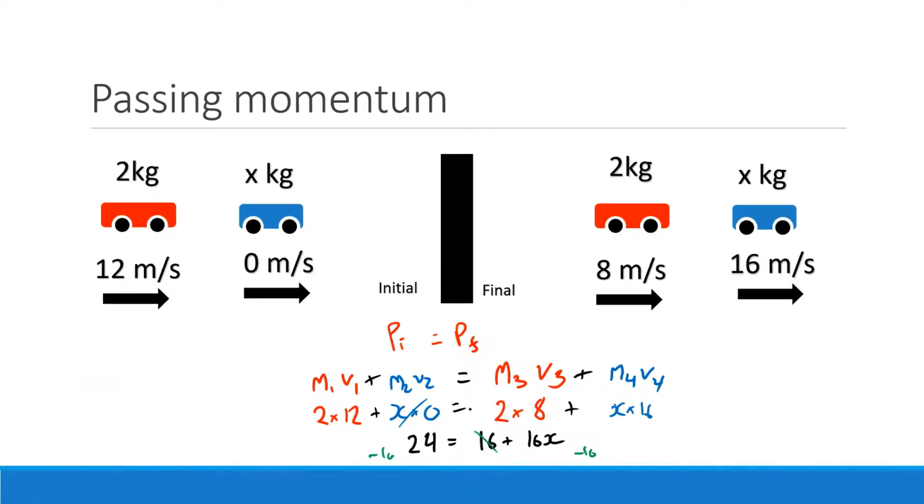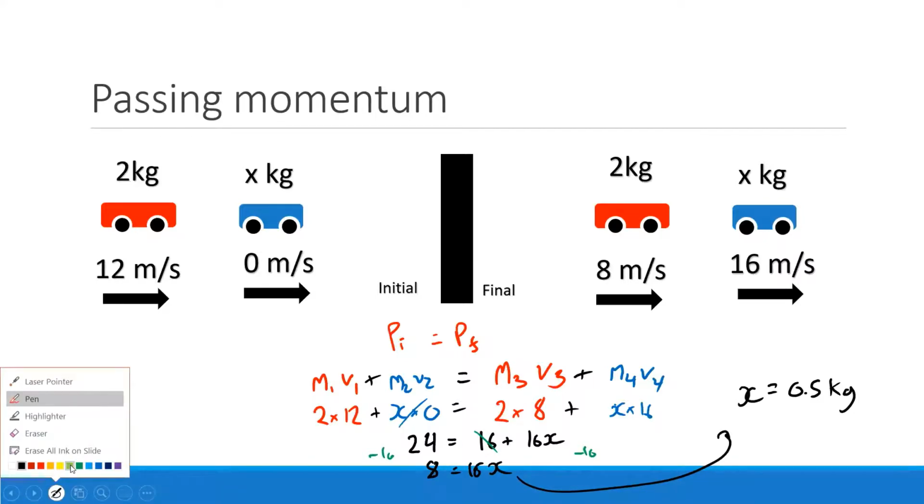If I minus 16 from both sides, that's going to give me 8 equals 16X. If you divide both sides by 16, hopefully you guys are happy with this, X equals 0.5 kilograms. That's after being simplified. You could just write a half, that's fine too.